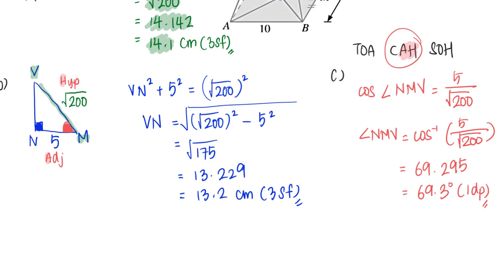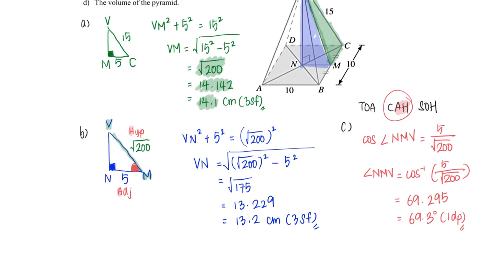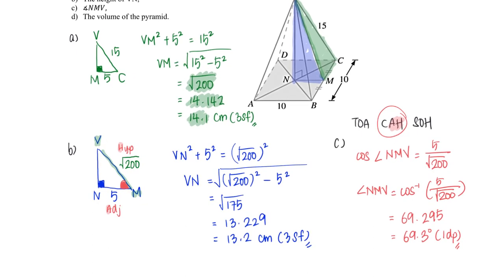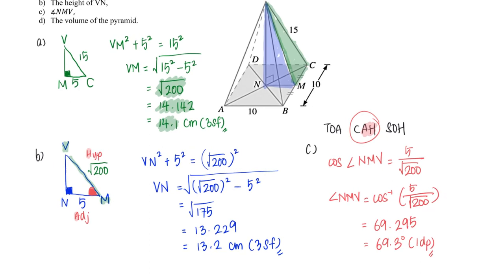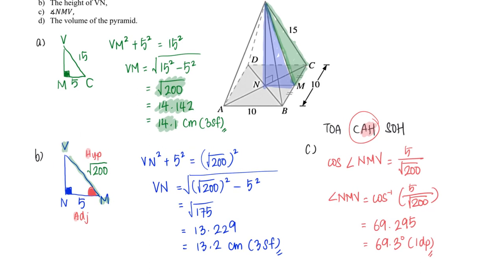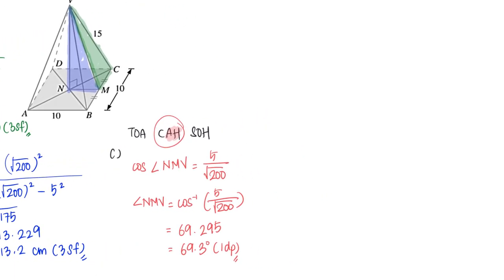And finally, for part D, the volume of this pyramid, it is at this point that we do need to remember. I'm going to just write it at the side here.